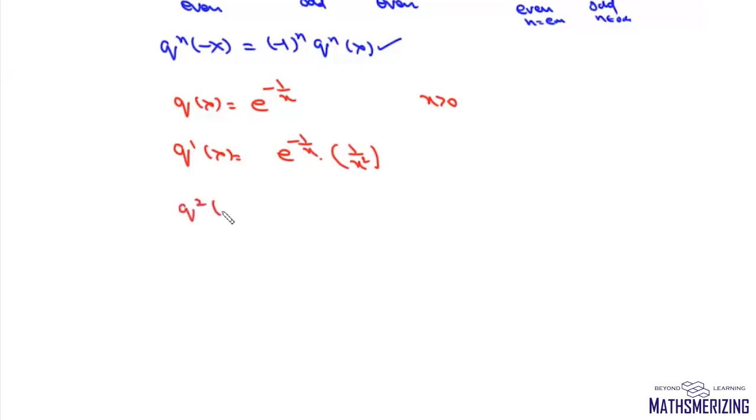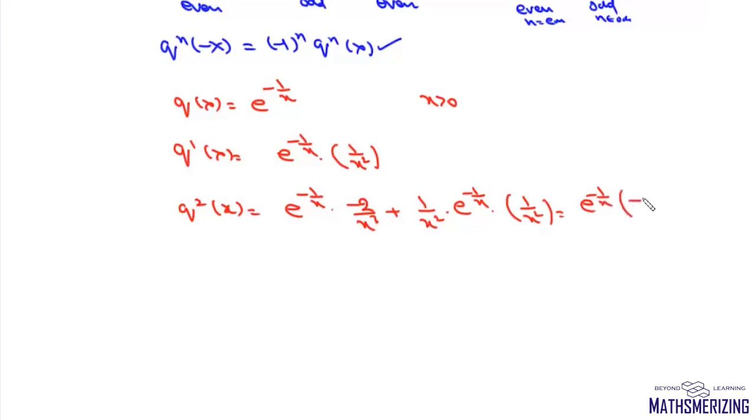Now we find q''(x) will be e to the power minus 1 by x times (minus 2 upon x cube plus 1 upon x square times 1 upon x square), which is e to the power minus 1 by x times (minus 2 upon x cube plus 1 upon x to the power 4).